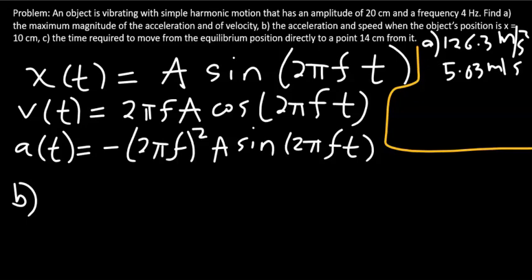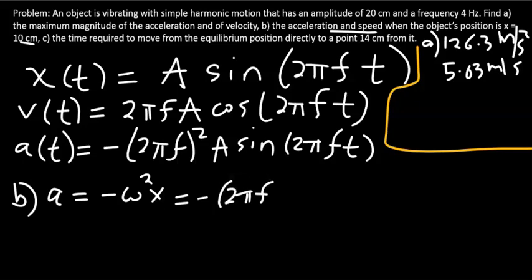Now part B, acceleration and speed when the object's position is 10 cm. So let's do the acceleration first. Acceleration for any position is given by minus omega squared x. We know omega squared in terms of frequency is just (2 pi f) squared. So let's put in the numbers.